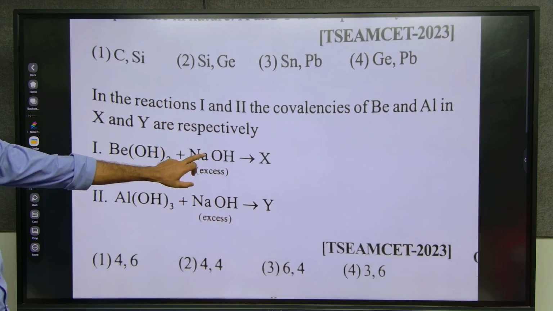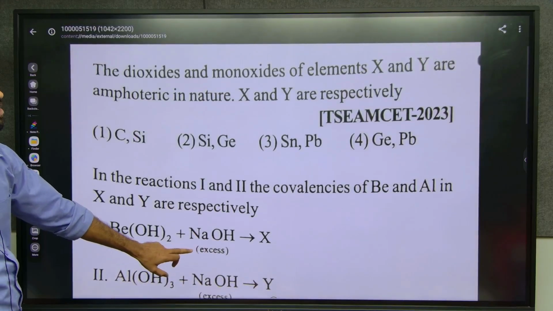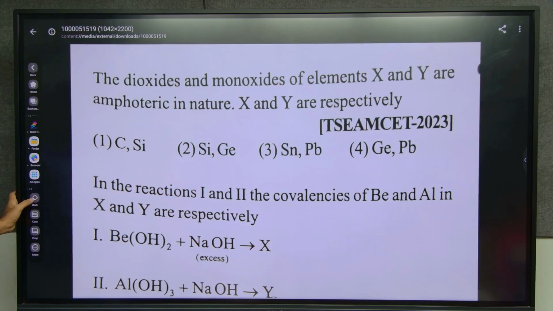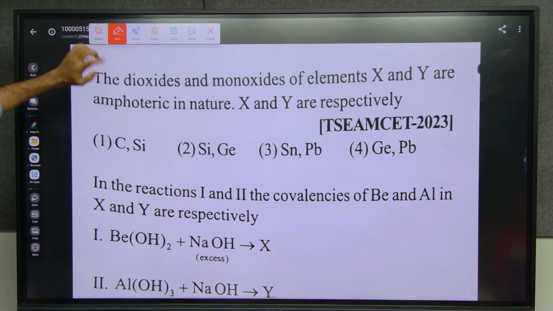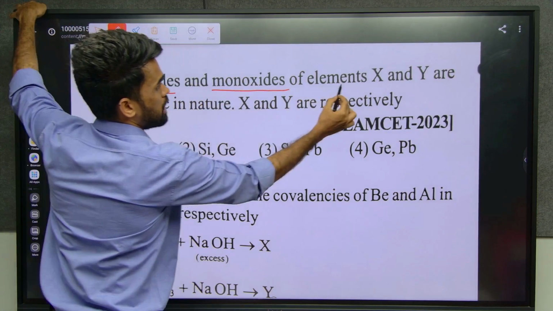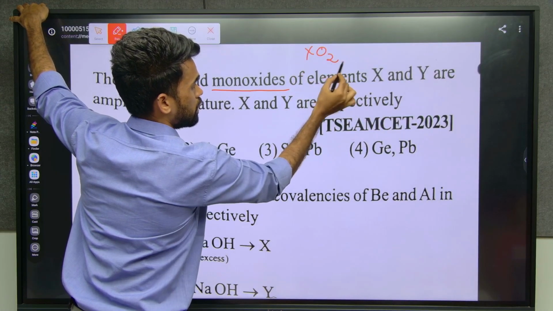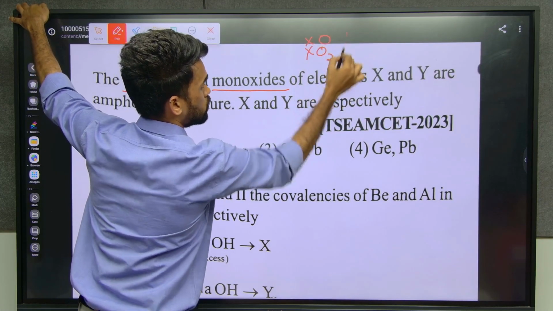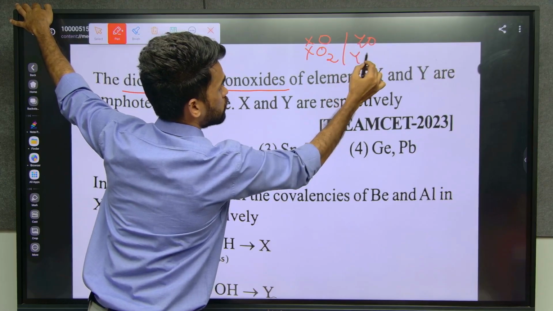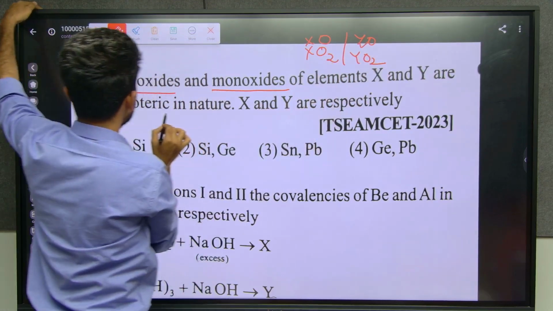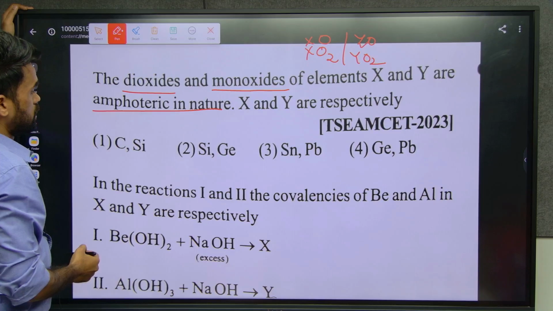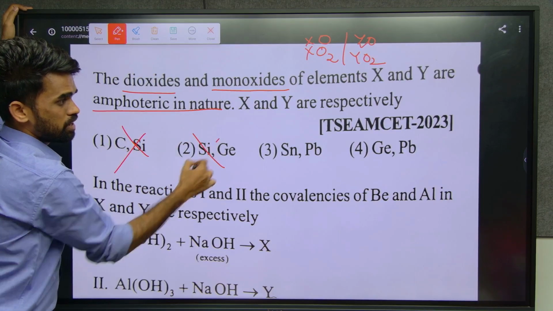What are they saying? Dioxides and monoxides of elements X and Y are amphoteric in nature. You take both of them, XO, XO2 and also YO, YO2. Both should be amphoteric in nature. First one not possible, second one not possible.